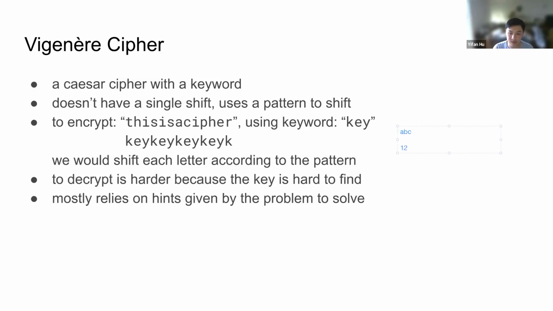B is the second letter, so it's 2, and C is the third letter, so it's 3. So your first letter, you will shift by 1. The second letter will shift by 2, and the third letter will shift by 3. And then you repeat the keyword over and over again. And so that's how many times you shift each individual letter. So it's a Caesar cipher with a pattern.